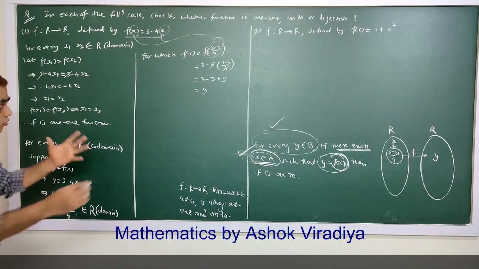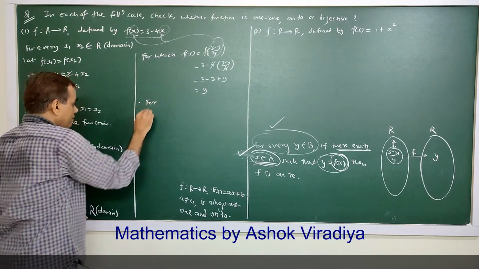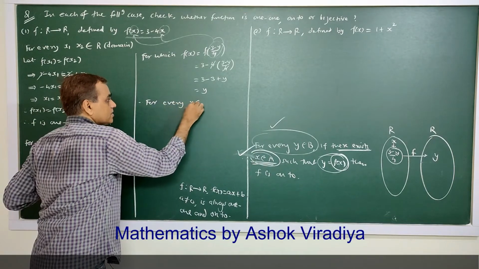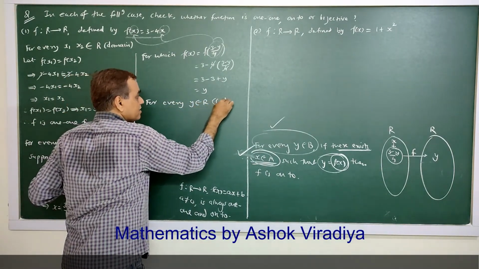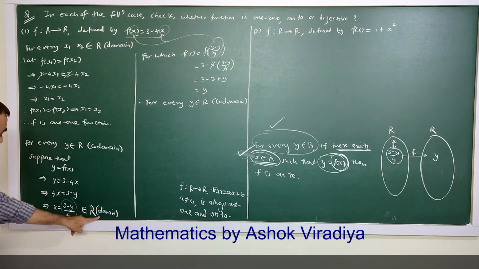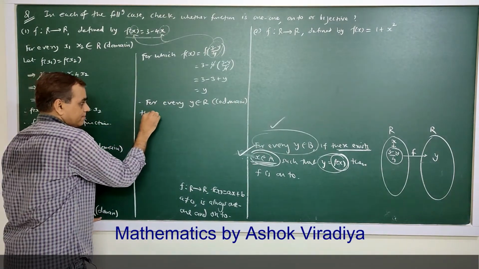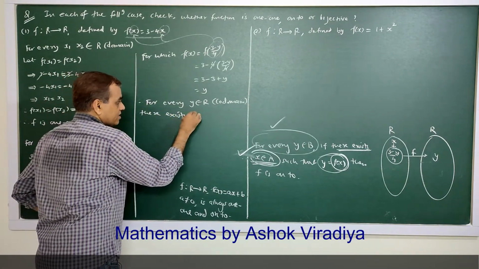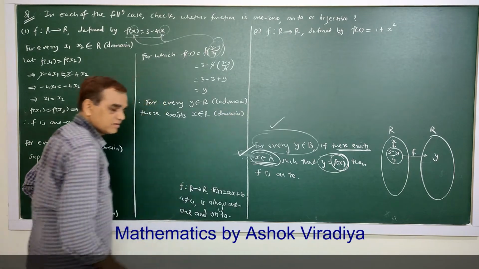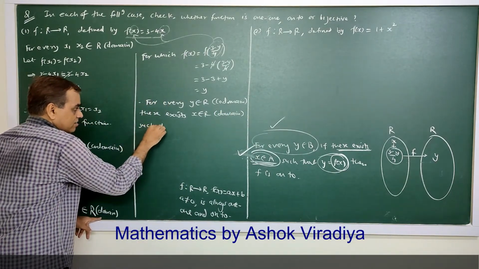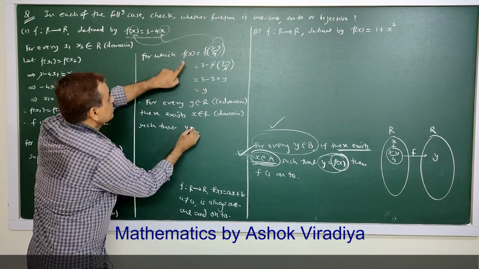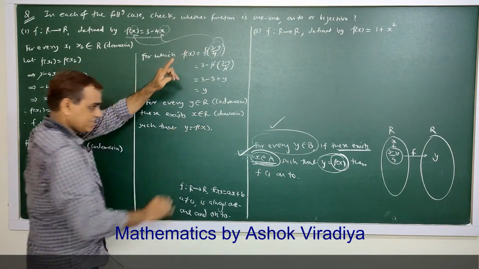So what we have proved: for every y belonging to R, meaning the codomain, there exists x in the domain such that this y is the image of x.